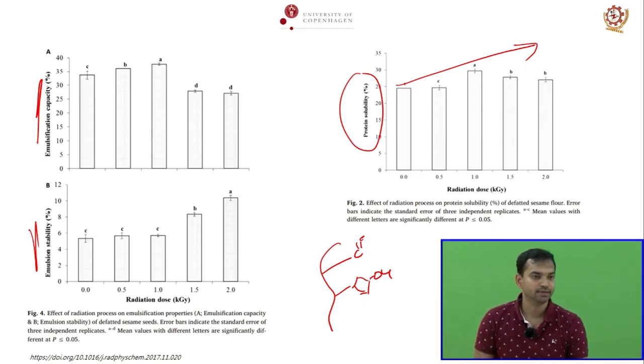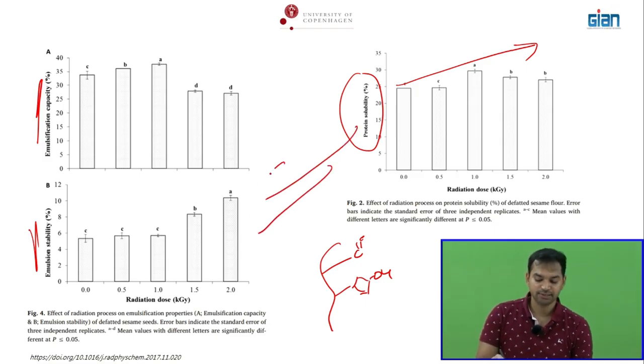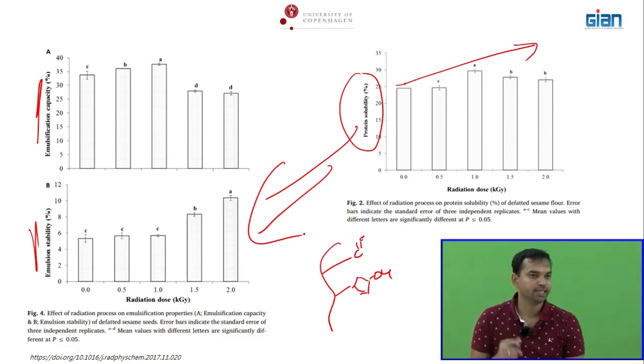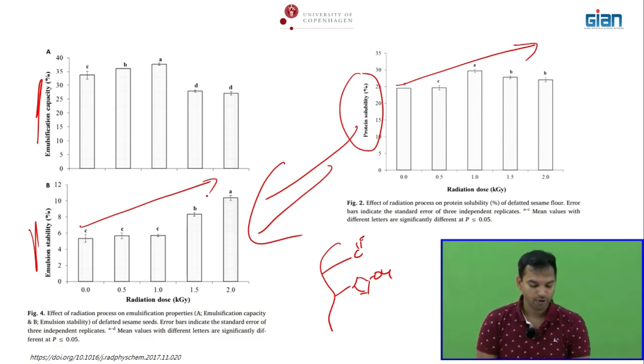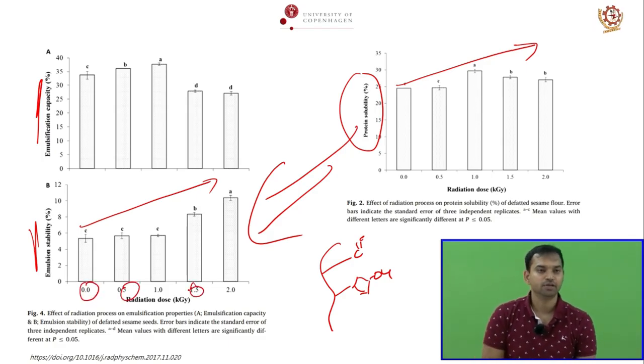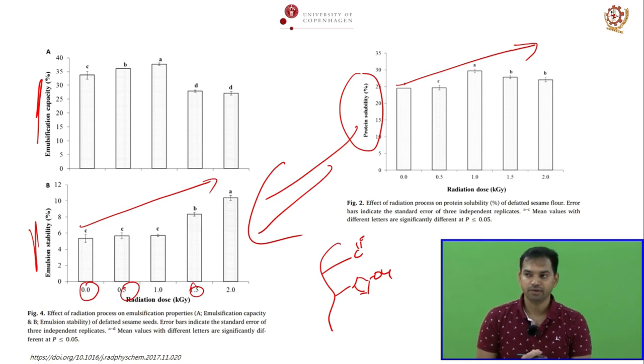When the protein solubility changes, all our emulsion behavior and everything will change. In this case, at least they saw increasing foaming stability with respect to increasing radiation dosage. Again, don't worry about all these bar graphs. Just remember the take home message. Gamma radiation will change the protein primary structure. They will make proteins perhaps more polar, or they expose more hydrophobic regions, and that will change the techno-functional properties.